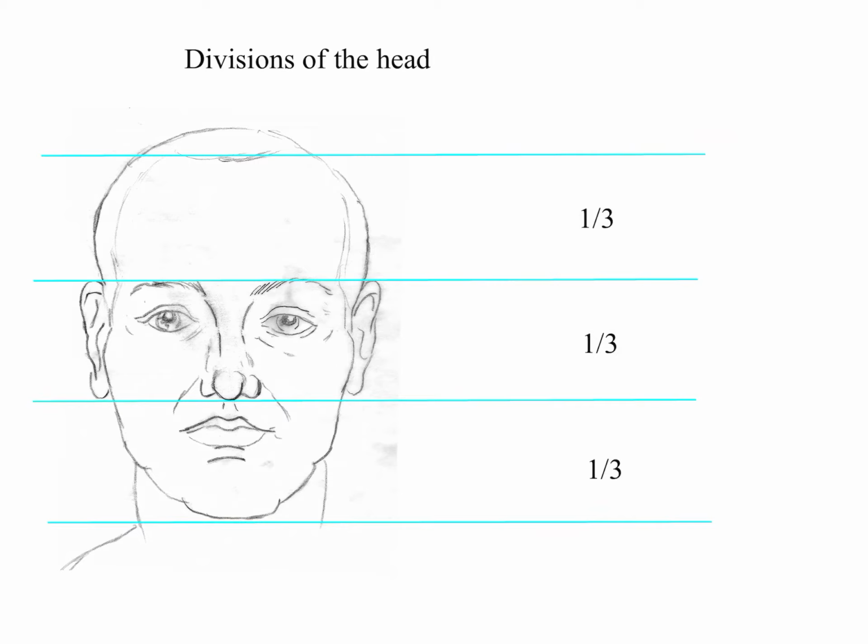So from the bottom of the chin to the bottom of the nose should be the same as between the bottom of the nose and the eyebrows, and then the eyebrows to the hairline. Now, of course, if you're missing hair, that top third is a little bit tougher to figure out.